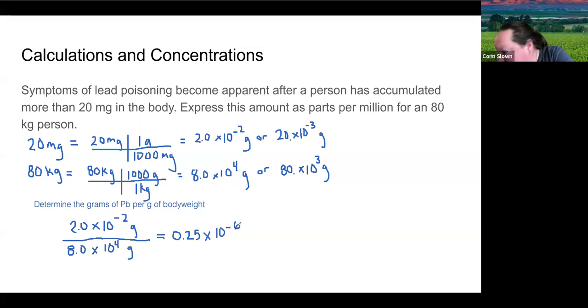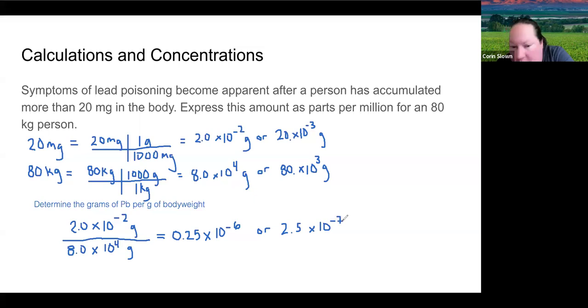Or if I was writing this in scientific notation, it would be 2.5 times 10 to the negative 7th.